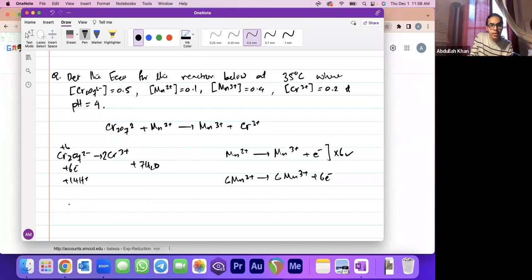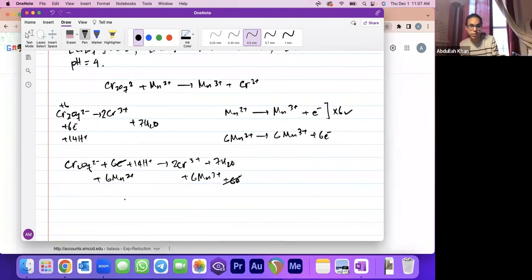Combine: Cr2O7 2- plus 6 electrons plus 14 H+ gives 2 Cr3+ plus 7 H2O, and 6 Mn2+ goes on the left, 6 Mn3+ goes on the right, and the 6 electrons cancel. And that's it. That's the clean version. That is the balanced version of the thing.